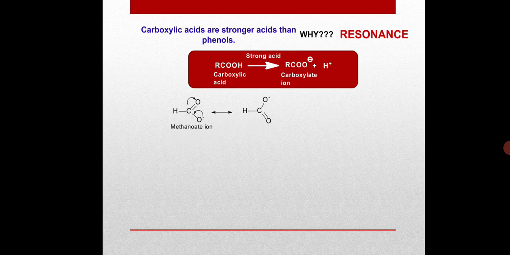Why? Let's take methanoate ion as an example. In methanoate ion, the negative charge undergoes resonance and we get two resonance hybrid structures in which the negative charge is delocalized between the two electronegative oxygen atoms, and both the resonance structures are of similar energy.